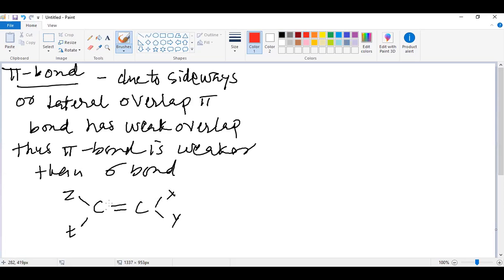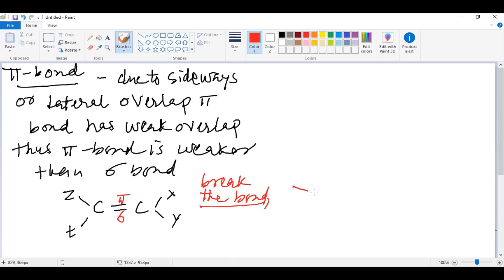Suppose this one is your pi bond and this one is your sigma bond, and you want to break the bond. Which bond will be broken first, the sigma bond or the pi bond? Dear students, I am asking. Pi bond. Why? Because the pi bond is weak.